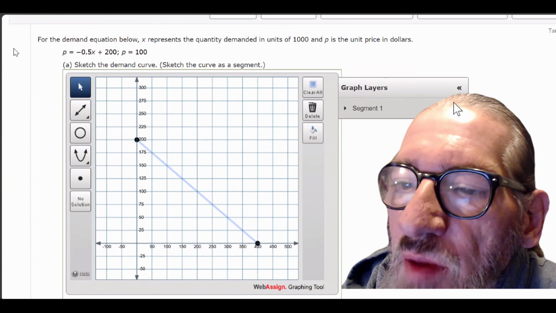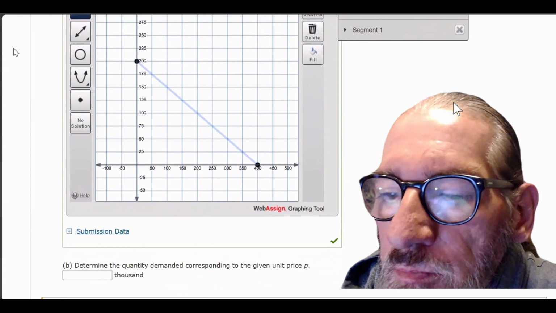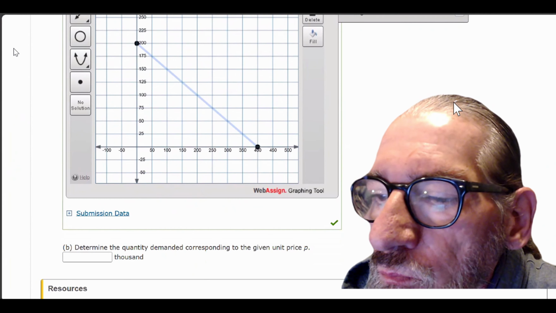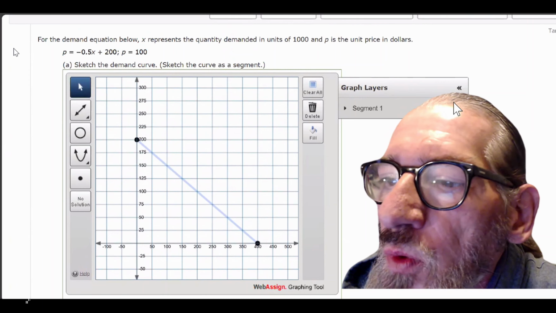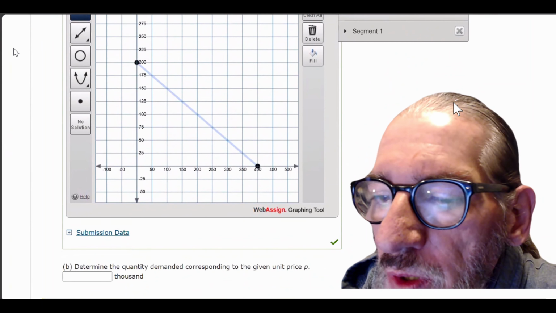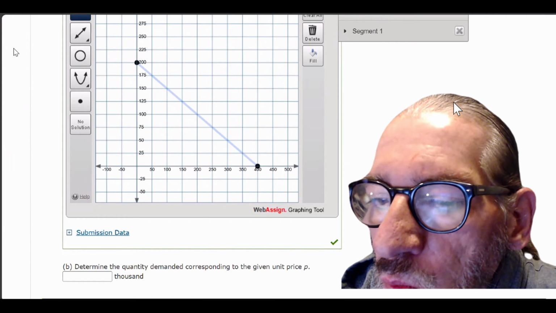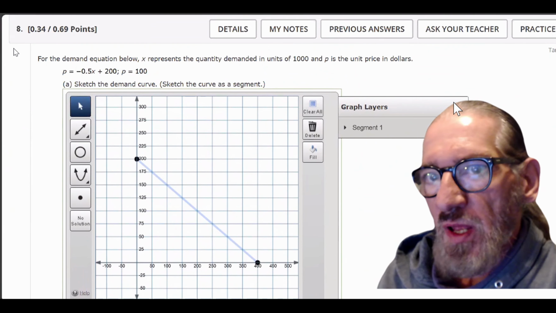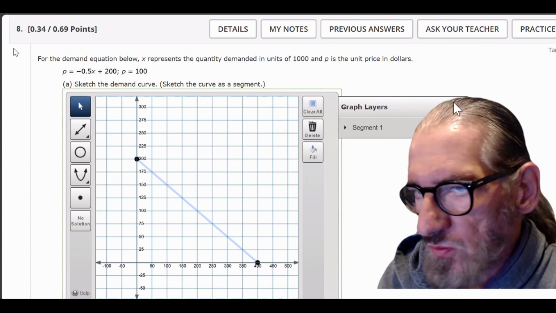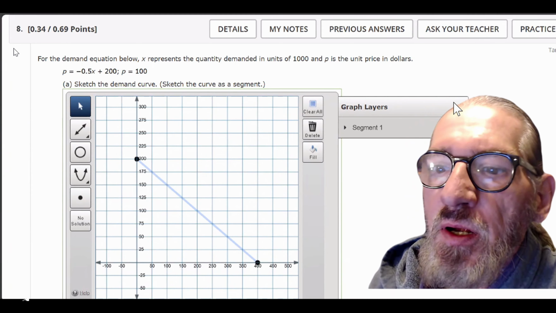Okay, now what was that P equals 100 all about? So we want to know when P is equal to 100, what will the quantity demanded be? Sorry, I don't have connected right now something to show my handwriting here.